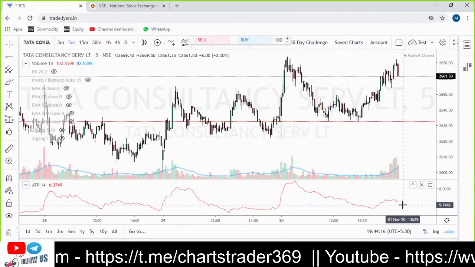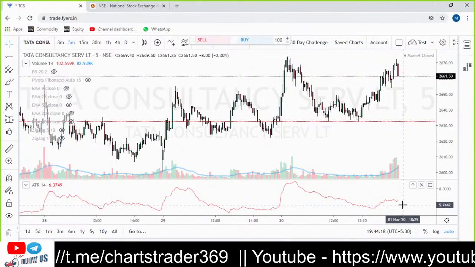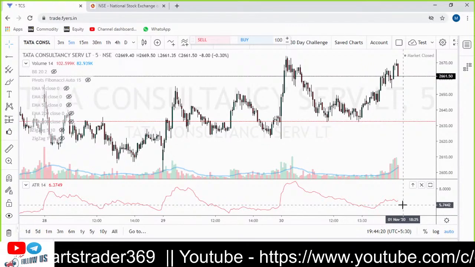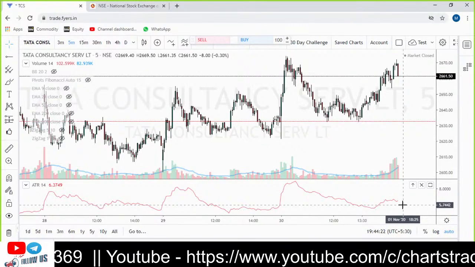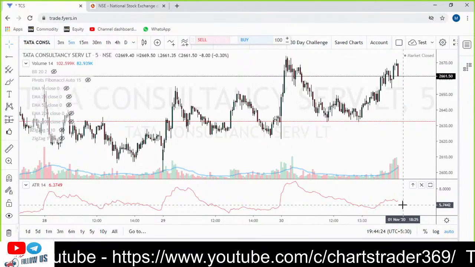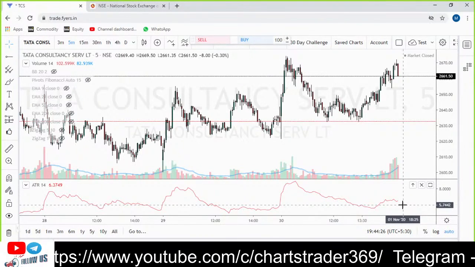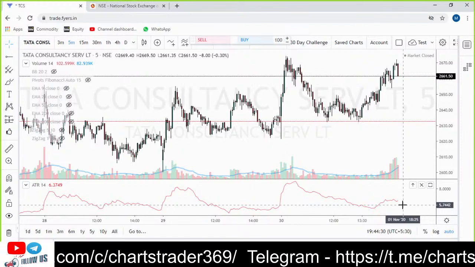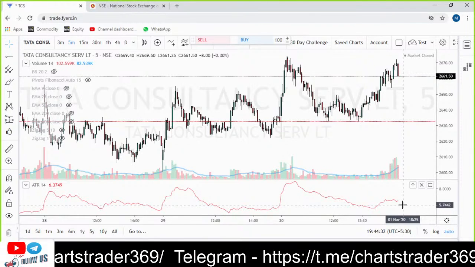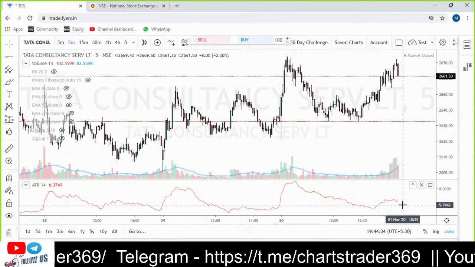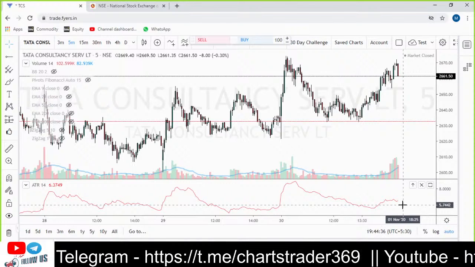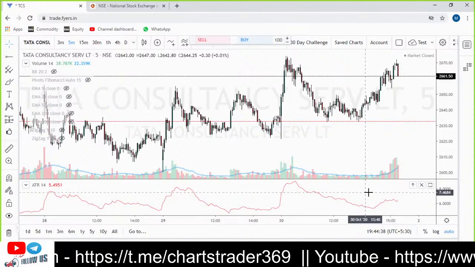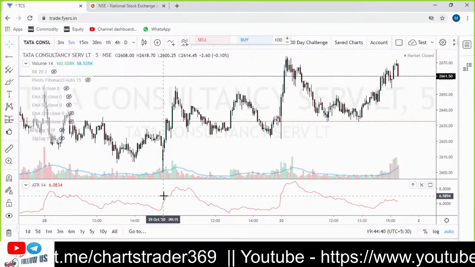This is how the market works, especially intraday. If you understand this concept, I'll bet you can win in intraday. We should understand these parameters first. Guys, ATR is not an indicator to buy or sell.